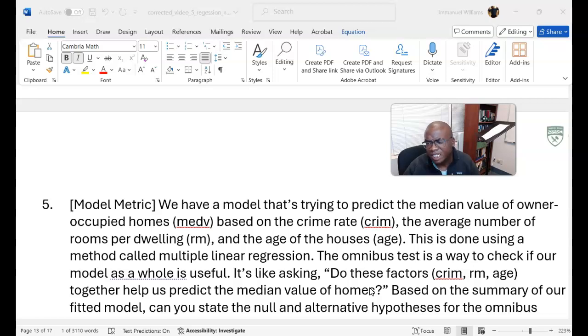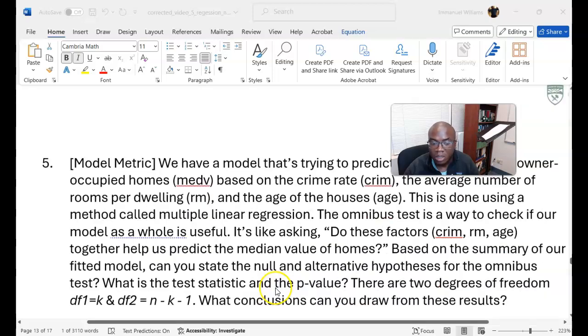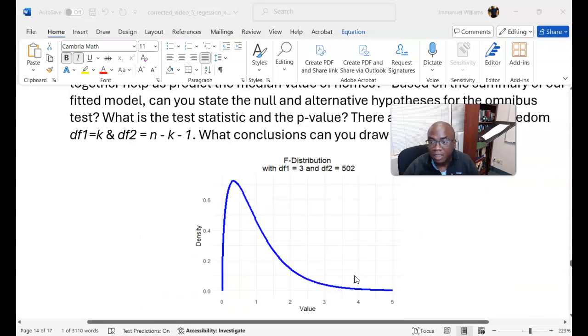So rewind if you need to, but what we're trying to see with the omnibus test is to determine if at least one of the explanatory variables has a linear relationship with the response variable. So we're going to write our null and alternative hypotheses as well as the degrees of freedom and write a conclusion. My null hypothesis is that they don't have a linear relationship. None of them do.